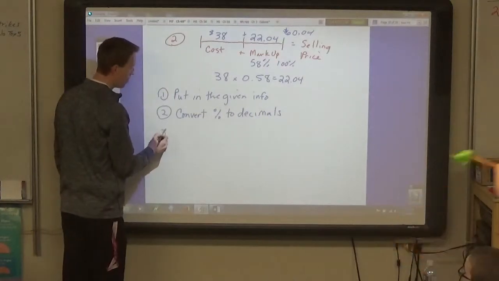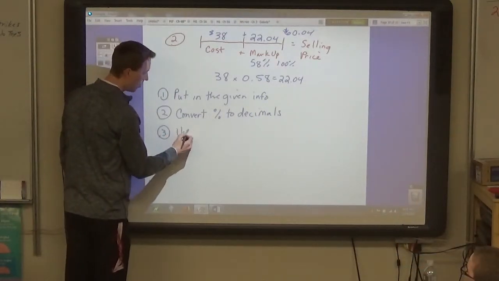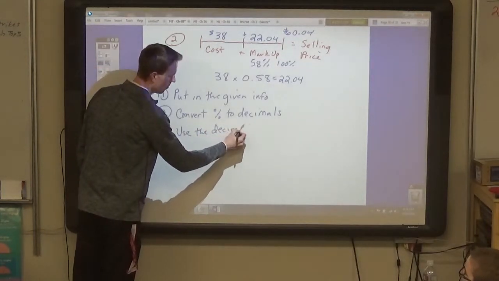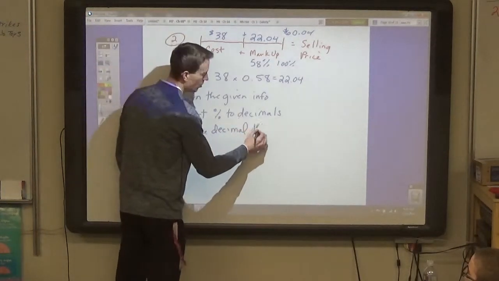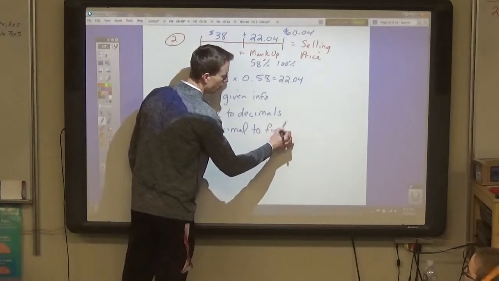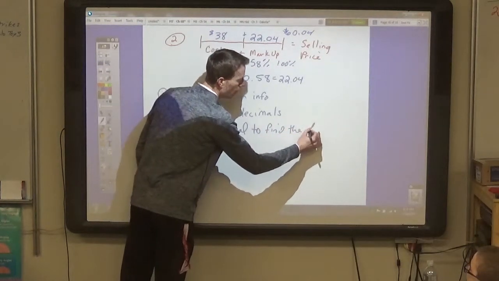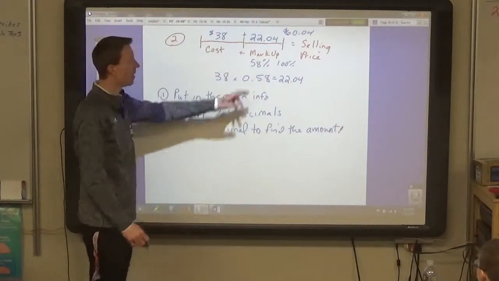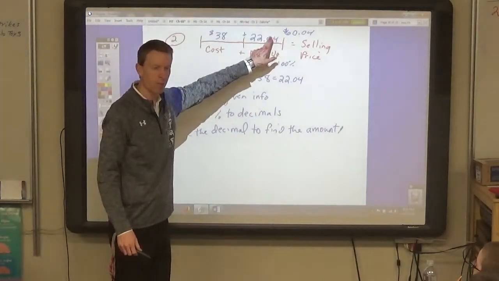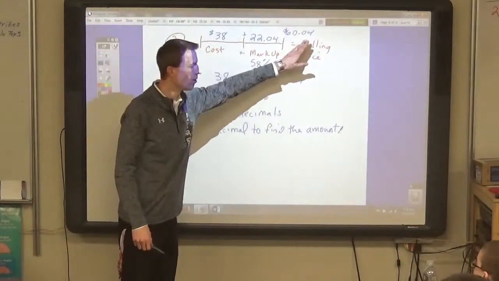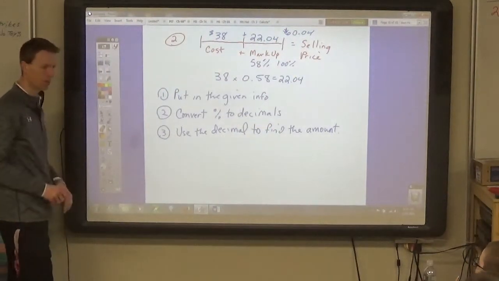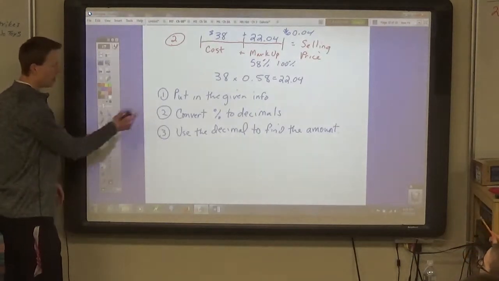And then you have to use the decimal to find the amount. Then you're going to either be finding the amount of the markup, or later the amount of the discount. The procedure is the same.